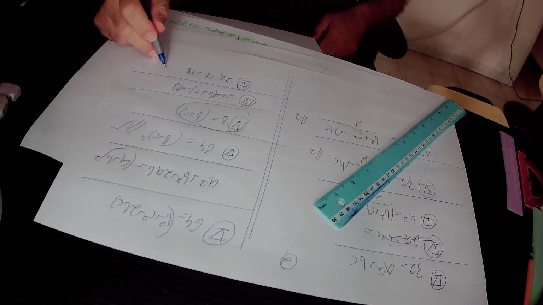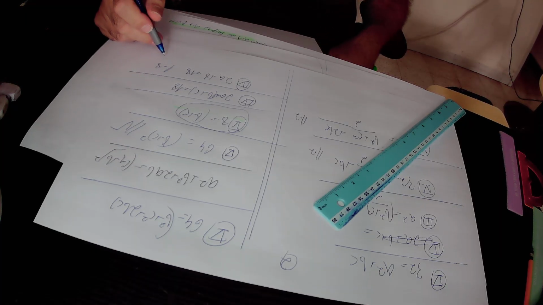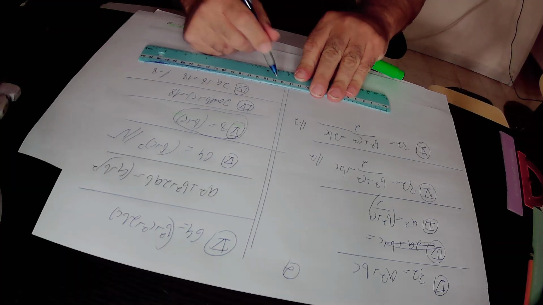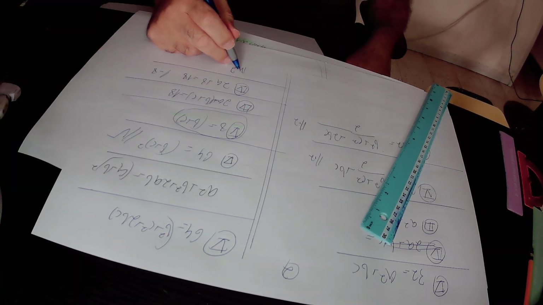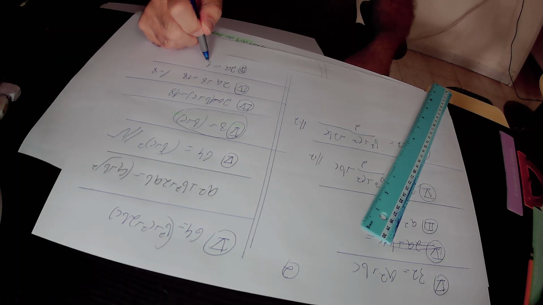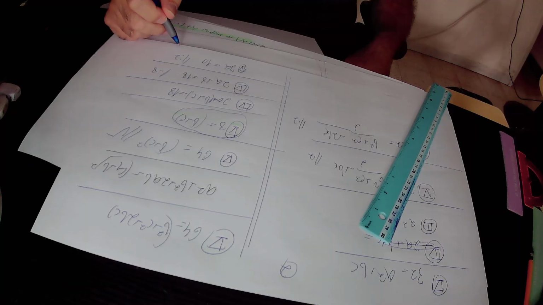Here we subtract 8 from equation 4, and finally get that 2a equals 18 minus 8, which is 10, so 2a equals 10. Here we divide equation 4 by 2, and finally get that a equals 10 over 2, that is 5.